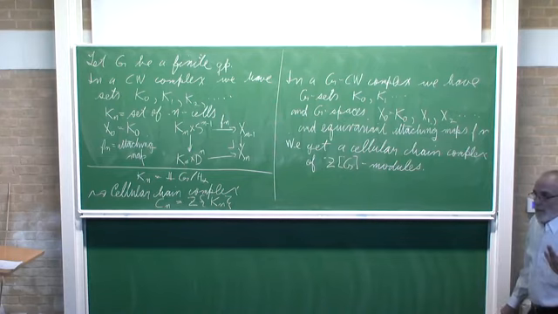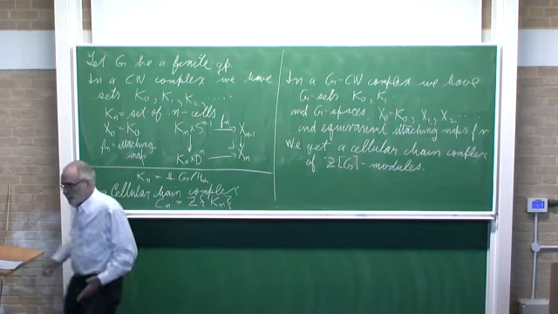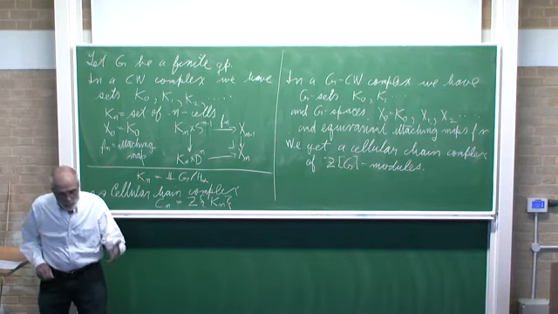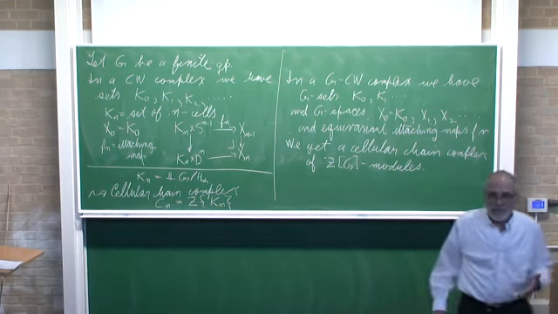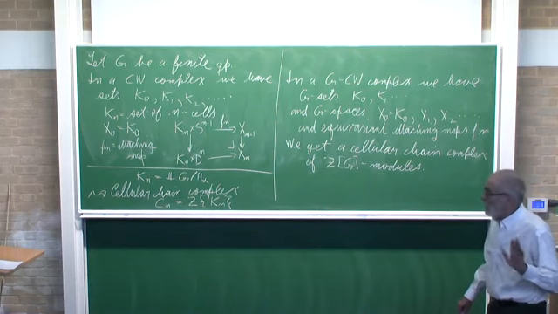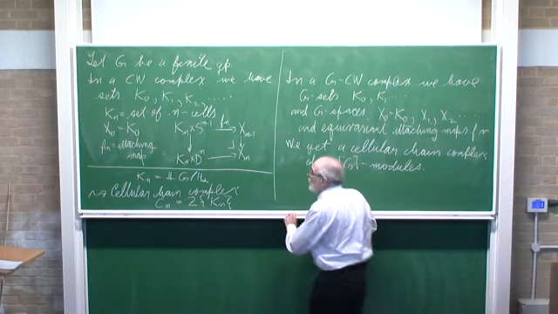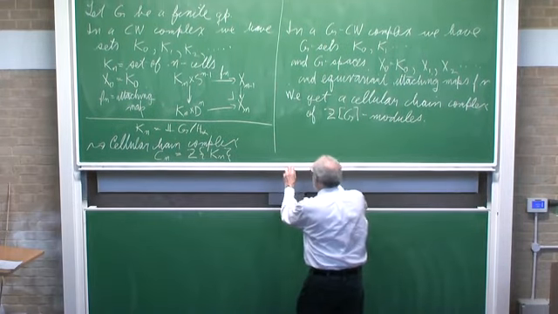That amounts to calculating the ordinary homology of the underlying space, and the homology itself comes equipped with a G action that is induced by the G action of the space. One could do that, but that's not what I want to do. I want to produce a chain complex of Mackey functors.